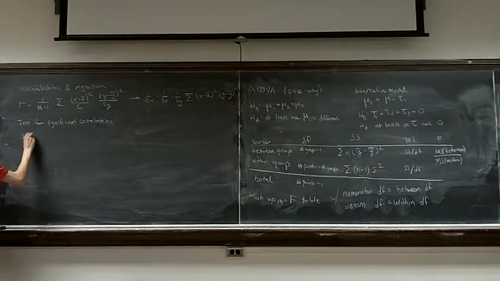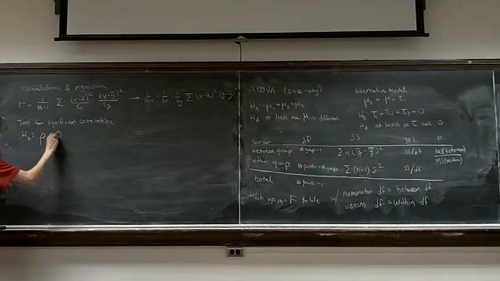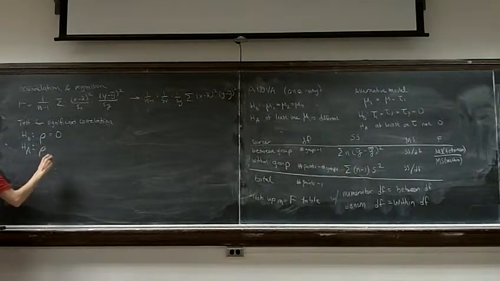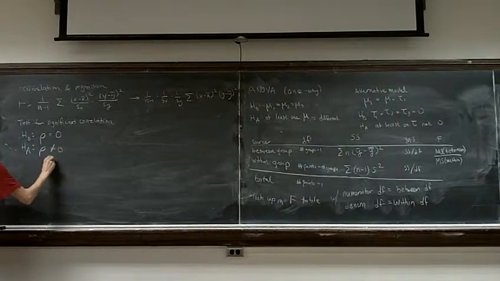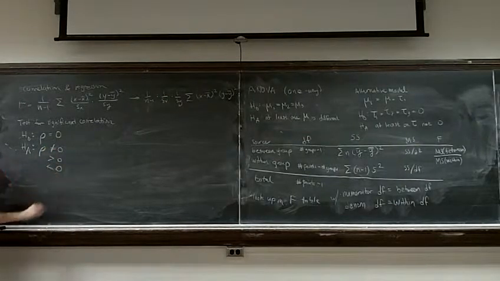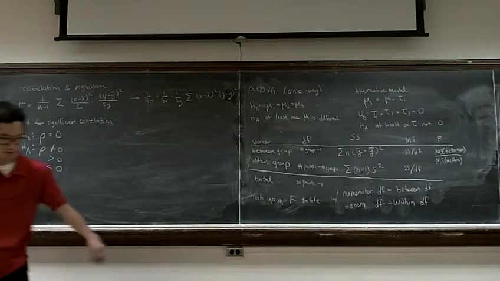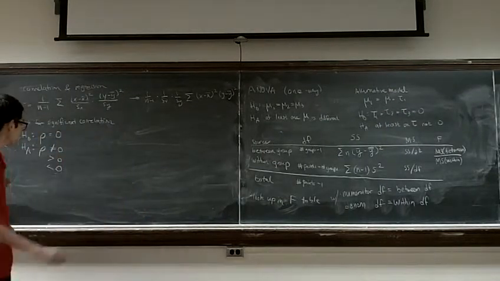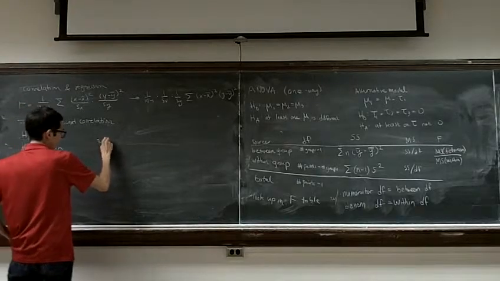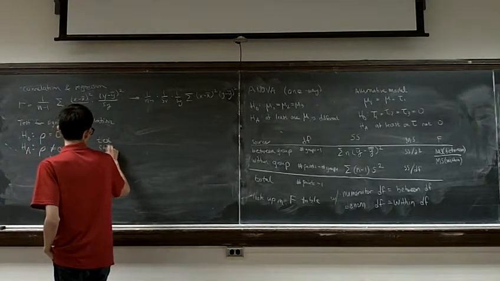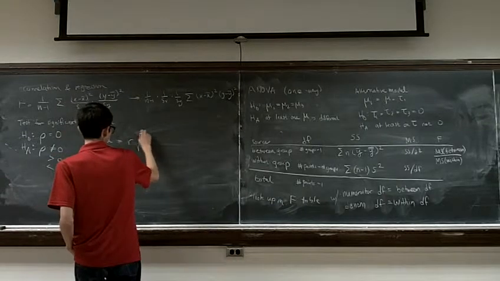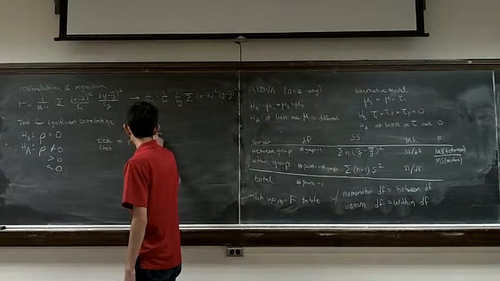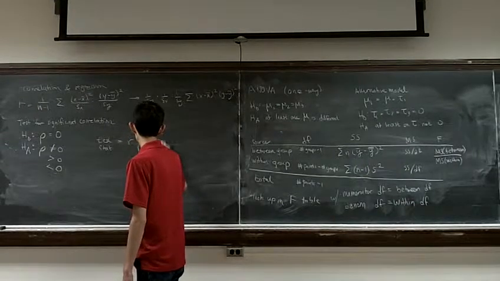Alright, now the test for significant correlation. The null hypothesis, rho equals 0. The alternative is that rho is not equal to 0, greater than 0, or less than 0, depending on the situation. And your test statistic is equal to r times the square root of n minus 2 over 1 minus r squared.